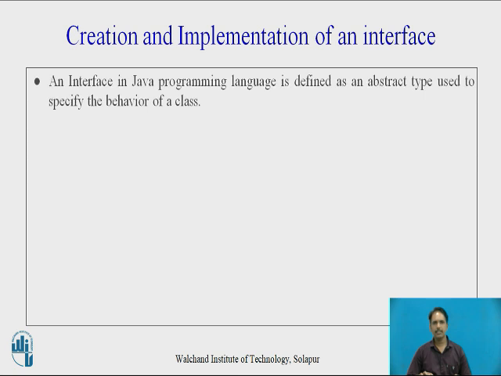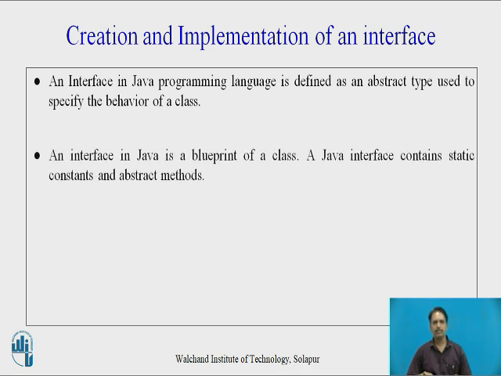Let us start our discussion with the basic definition of interface and its use. An interface in the Java programming language is defined as an abstract type used to specify the behavior of a class. So basically, an interface in Java or in the object oriented paradigm acts as a blueprint for any class. A Java interface contains some static constants and abstract methods.